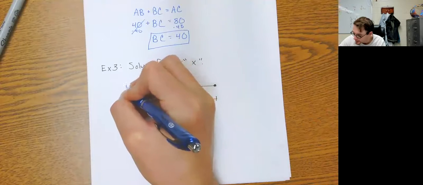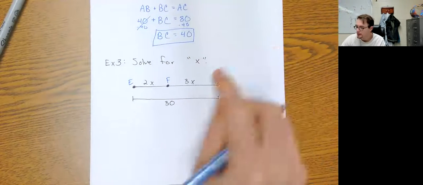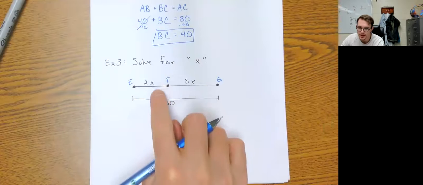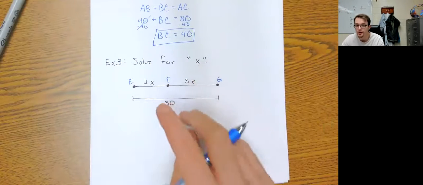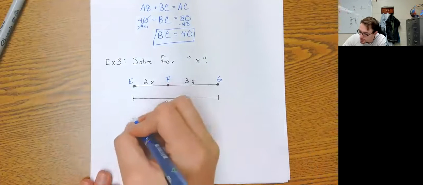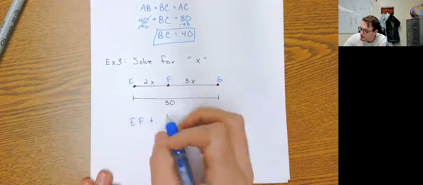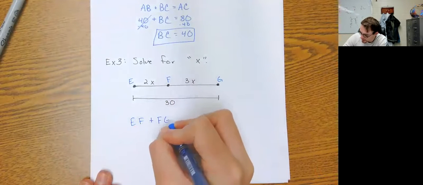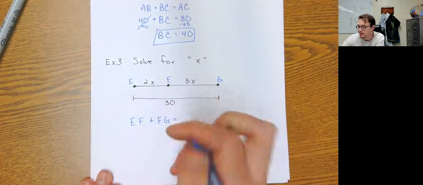Let's do E, F, G. And now I'm not solving for a segment. I actually want to solve for X. So what you should always do is start off by writing with just the points. So EF plus FG equals the whole thing, from E to G.